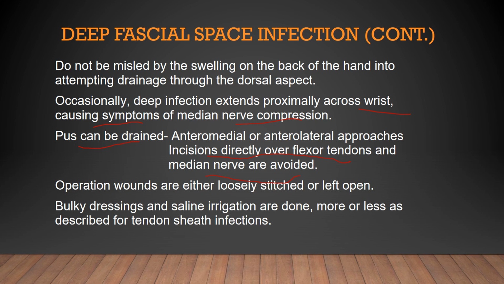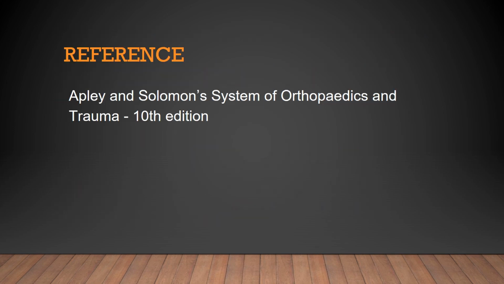In other words, an incision should not be made over the flexor tendons and the median nerve because it can cause median nerve injury. Operation wounds are either loosely stitched or left open. Bulky dressings and saline irrigation are done, more or less as described for tendon sheath infections.